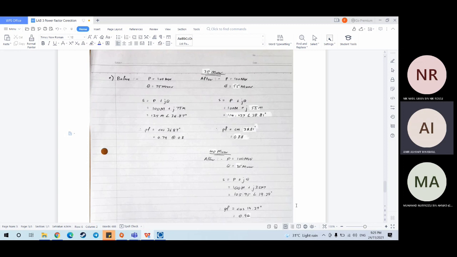The value for P is 100 mega, and for imaginary reactive power is 35 mega. The answer we get is 105.95, and the angle is 19.29. To calculate the power factor, cos 19.29, and the answer will be 0.94.